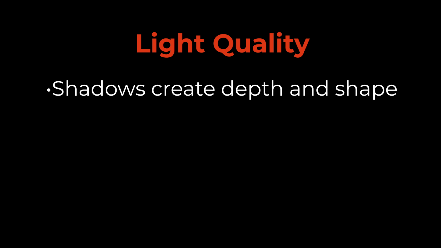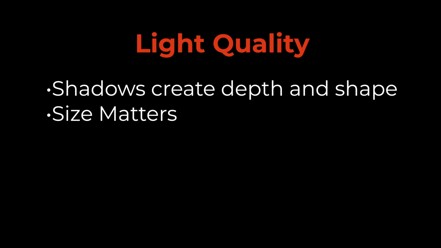So this is a summary of what we learned so far, especially about light quality. And the reason why we want to do off-camera lighting is because it shows shadows. It creates depth and shape. We also realize that the light depends on the size of the source. Hard light is a very small source.